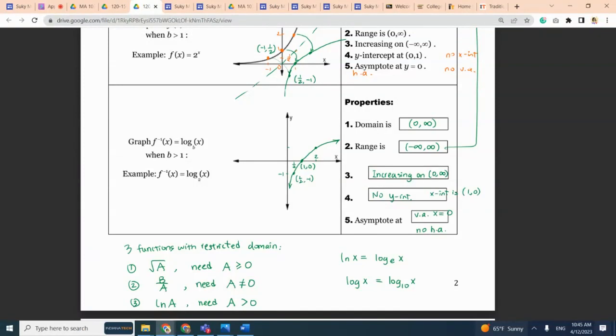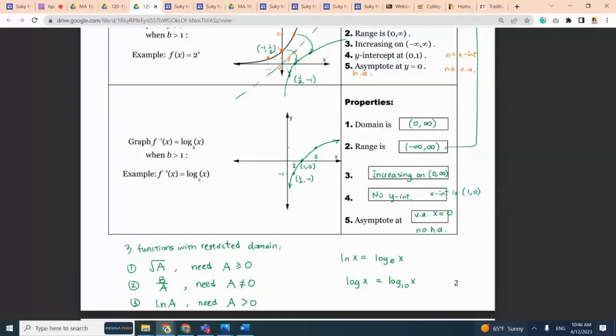Because it's not only ln, it could be any base, so log base b of a. But usually we use ln a lot. So just put ln of a. Then we need the a to be positive. Because the domain of the ln of x, the log, any log base, the domain is positive. That's why we need the things inside the log to be greater than 0. So now we have 3 expressions with restricted domain.